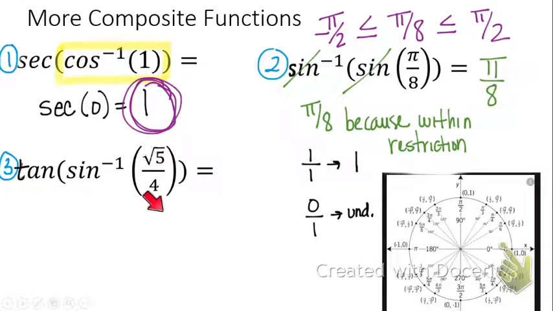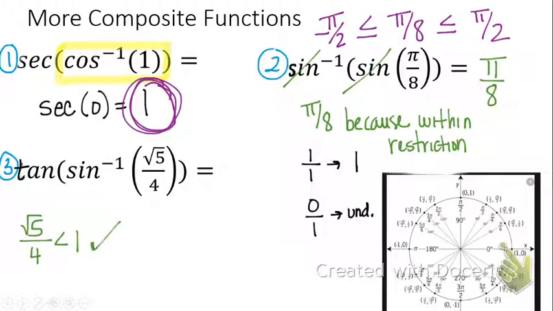So 4 divided by 4 would be 1, right? So we just need this number to be less than 16 in order for this to exist. So the square root of 5 over 4 is less than 1.